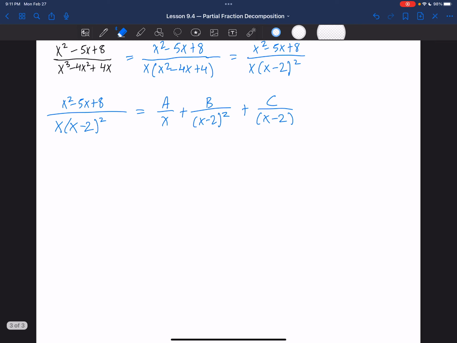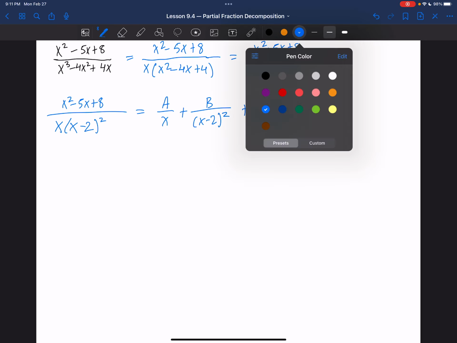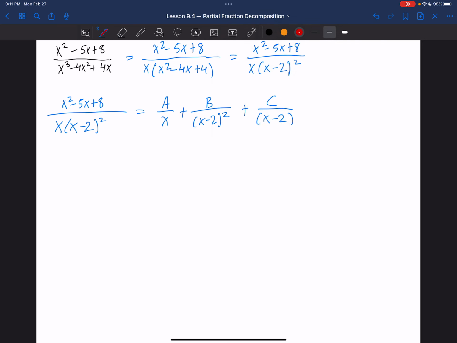And there you go. So, let us add these together. Let's figure out what A, B, and C are. And I'm going to show you both methods here, just so you can fully see it. So, we need to multiply by the LCD, x times (x minus 2) squared.